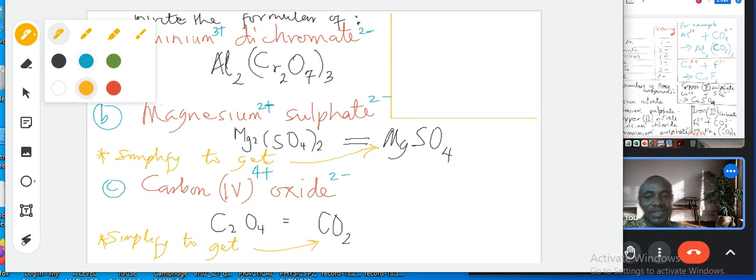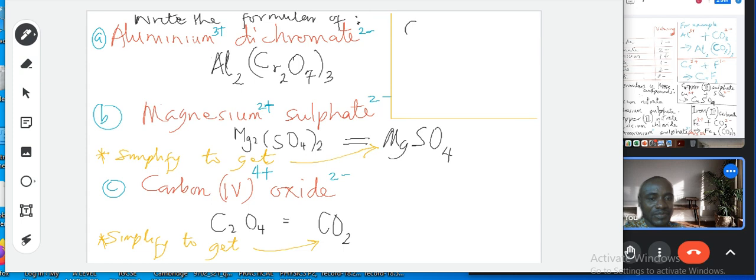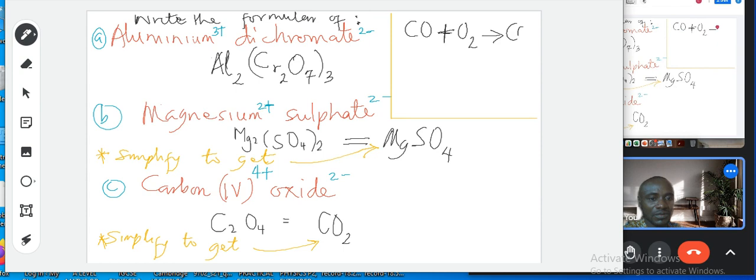For instance, if you had C plus O2 to give CO2. Now balancing is a different thing.